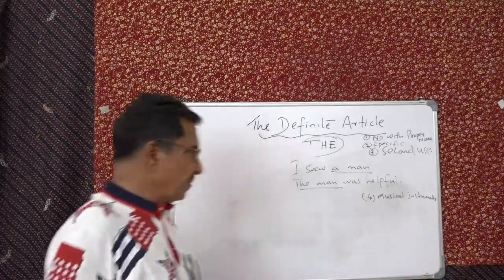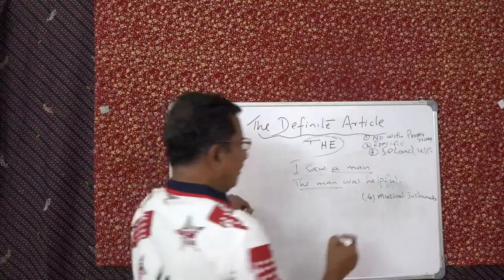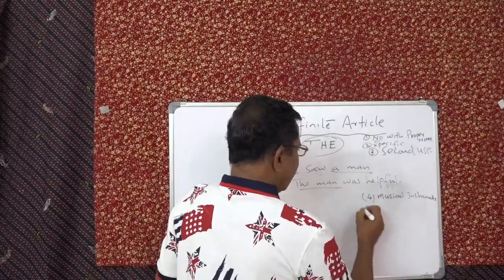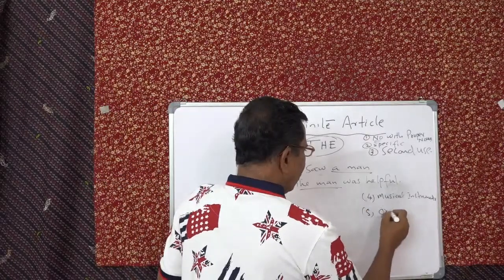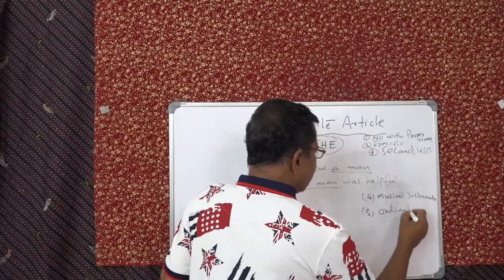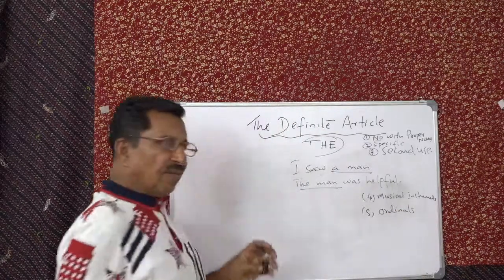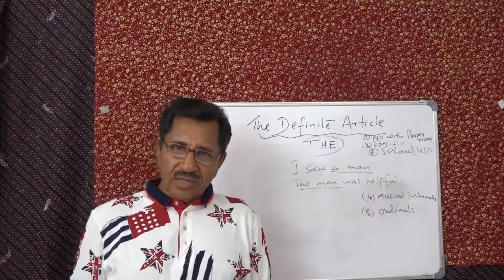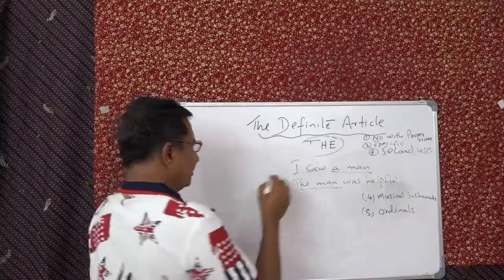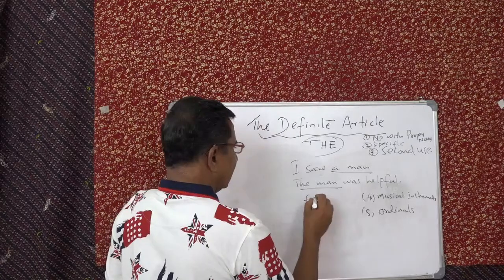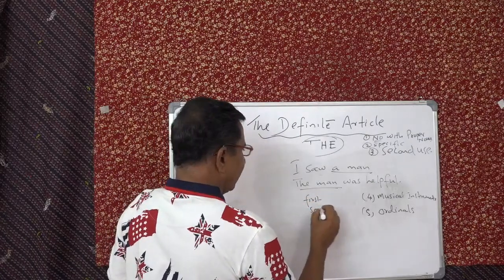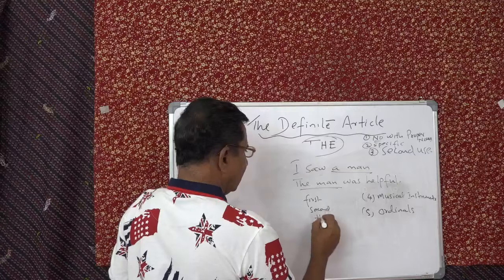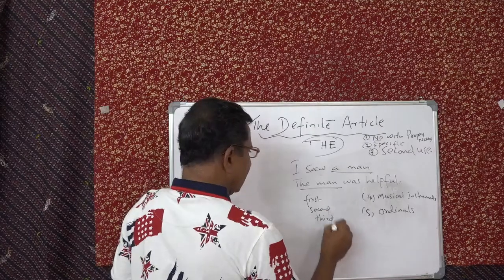It's very simple. And the fifth one for today is use the with ordinals. You know, ordinals means the first, second, third, fourth, fifth, sixth. That is ordinals. First, second, third, these are ordinals.